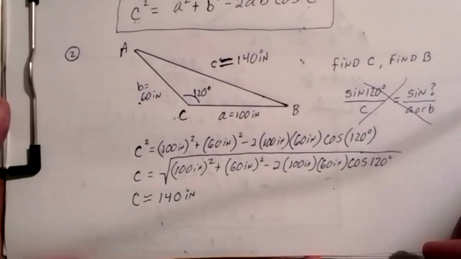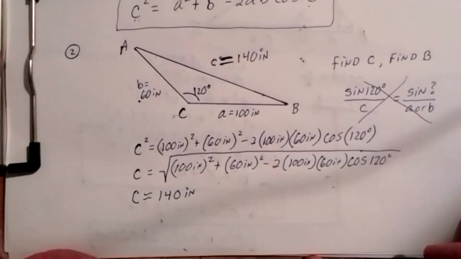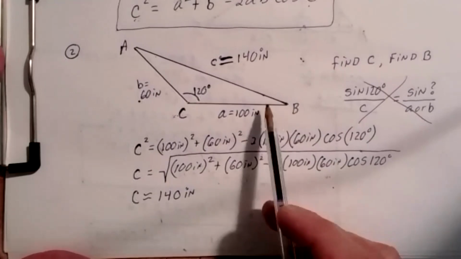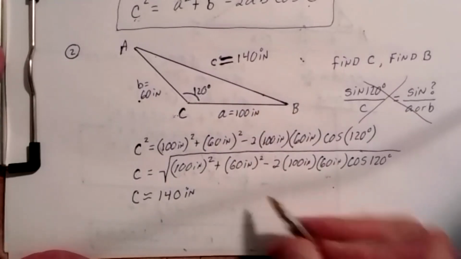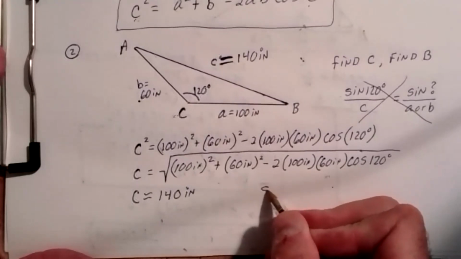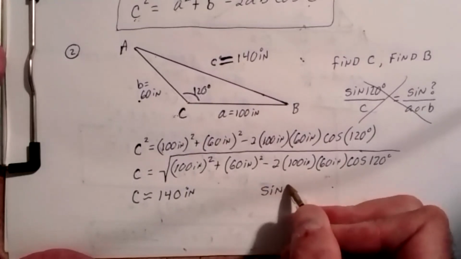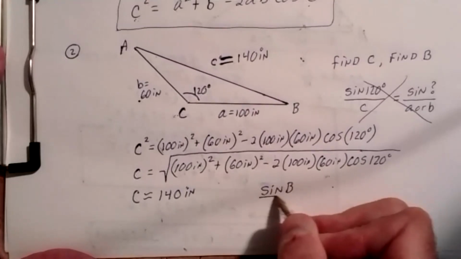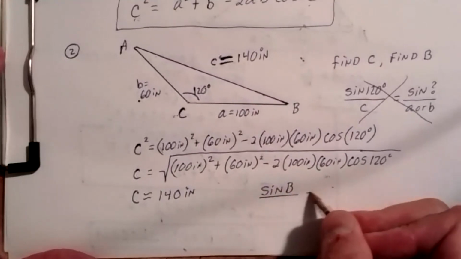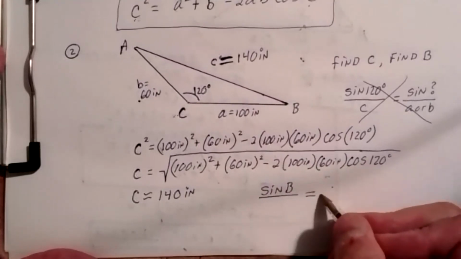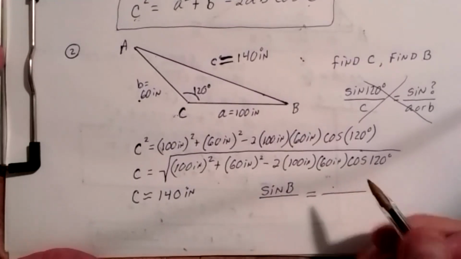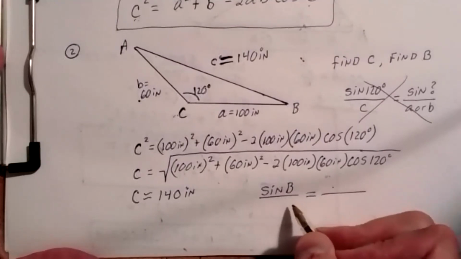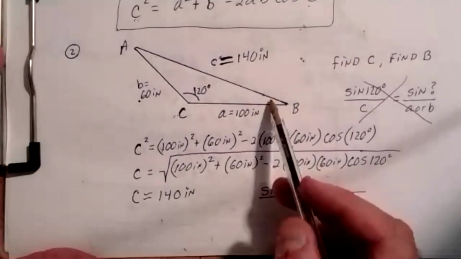Help me set up a proportion to find angle B using the law of sines. I can say the sine of what angle B is to what side?